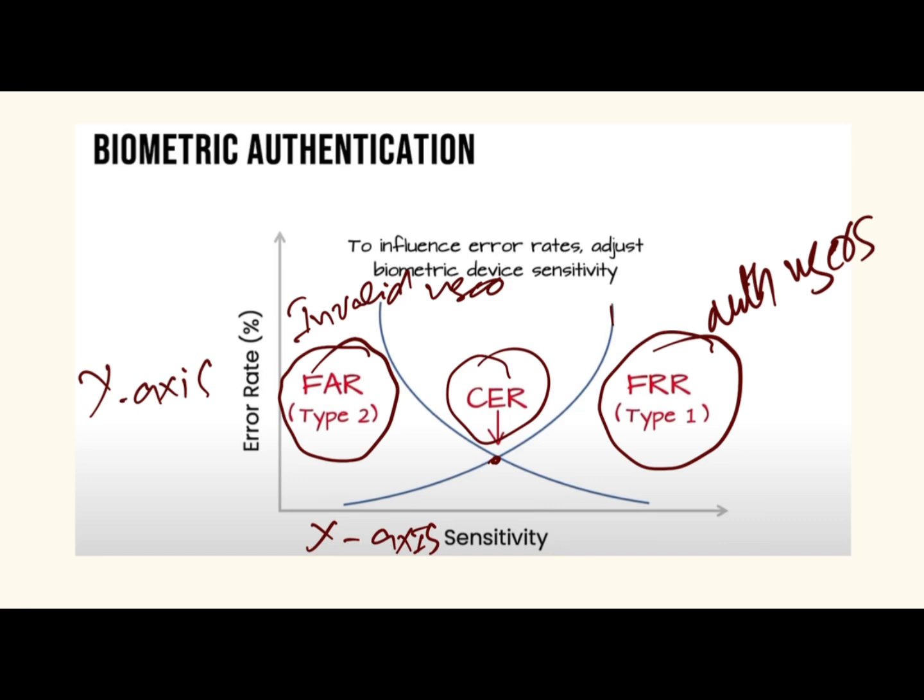If we talk about a real world example, smartphone unlock: if the device is too strict, it might not recognize your fingerprint. That is false rejection rate. If it is too lenient, someone else might unlock it, right? So the goal is to tune it to the CER point for balance.